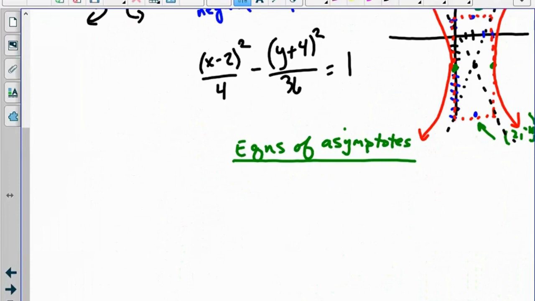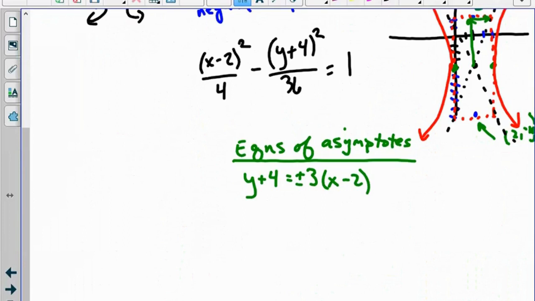Well, the center of this was at -4 for the y value and 2 for the x value. So we have y plus 4 equals something times x minus 2. If we figure out what the slope of this is, it goes up 6 over 2. So that means the slope is 3. And remember, there are two different equations there. One's a positive 3 and one's a negative 3.